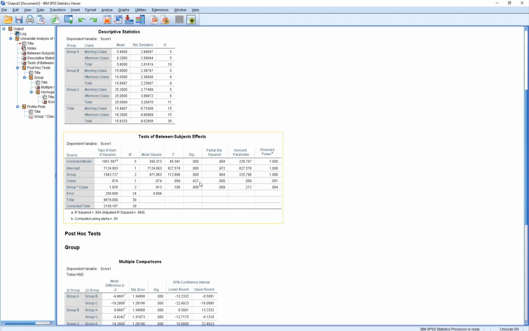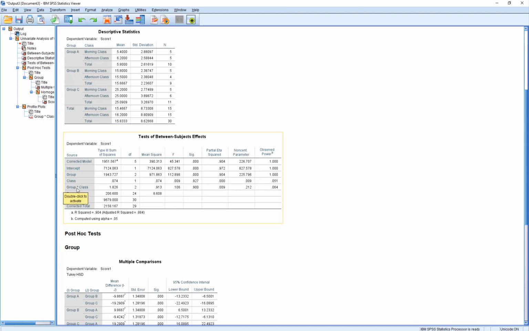The difference we saw happened by chance. And if we look at our morning class mean, 15.46, versus our afternoon class mean, 16.2, we can see that those are really close together, not even a whole point difference. So that is why we don't see a significant difference in class.